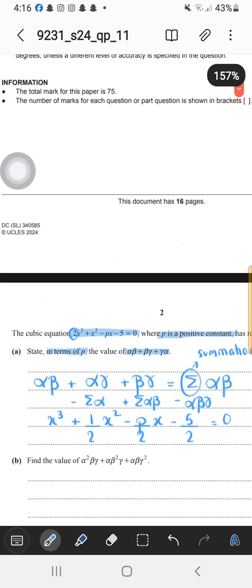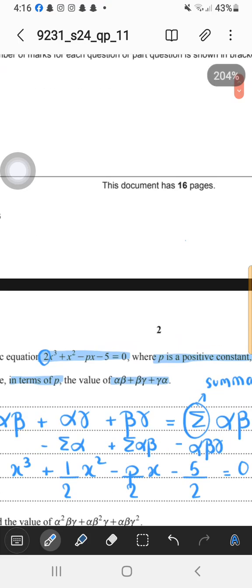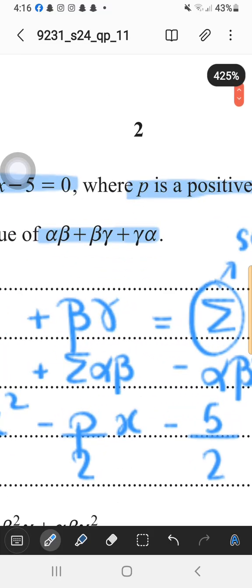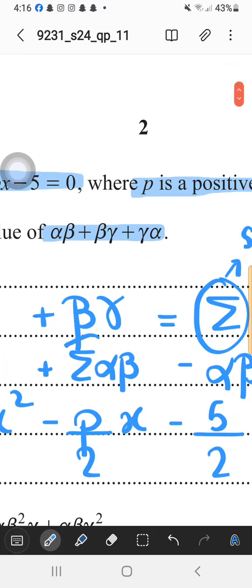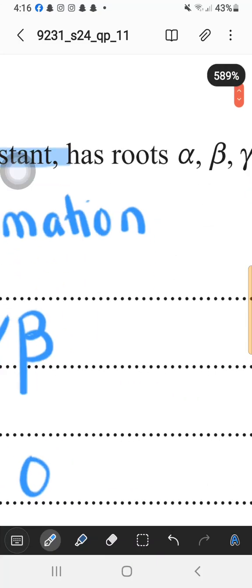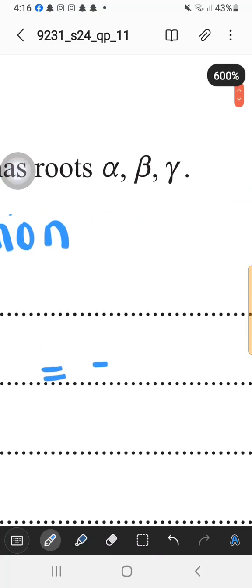The equation has these three things, in roots of polynomial. So we have to find the summation of alpha beta, so we will look at this. So it is our answer. It is negative p upon 2.